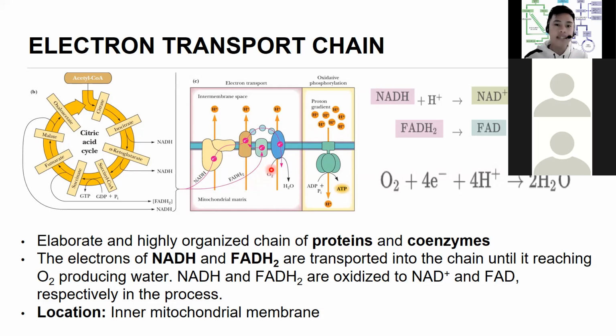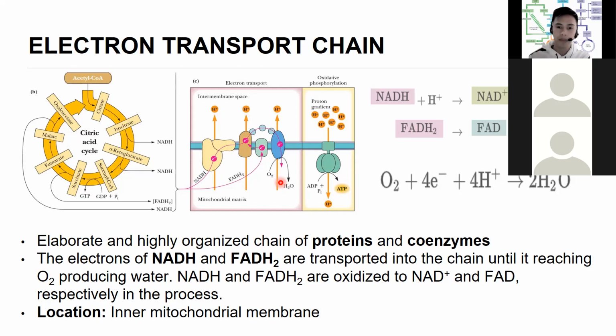So once the electrons reach the oxygen in the mitochondrial matrix, it will then be converted to water. Therefore, electron transport is considered an aerobic process, because this is where we see that oxygen takes part in the reaction. Oxygen here plays the role of the final acceptor of the electrons.